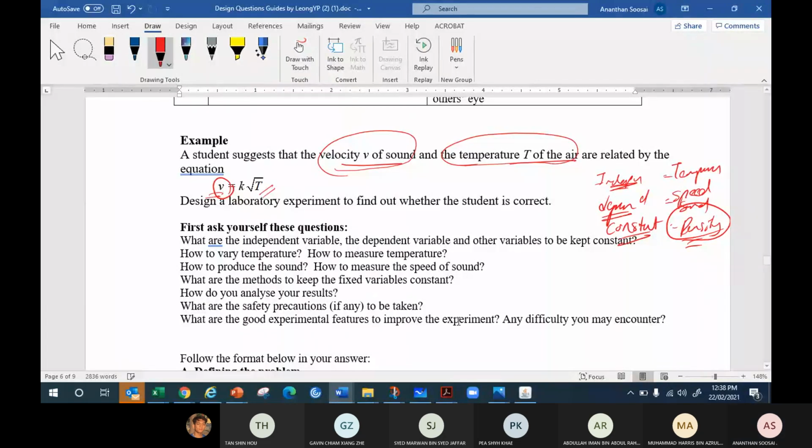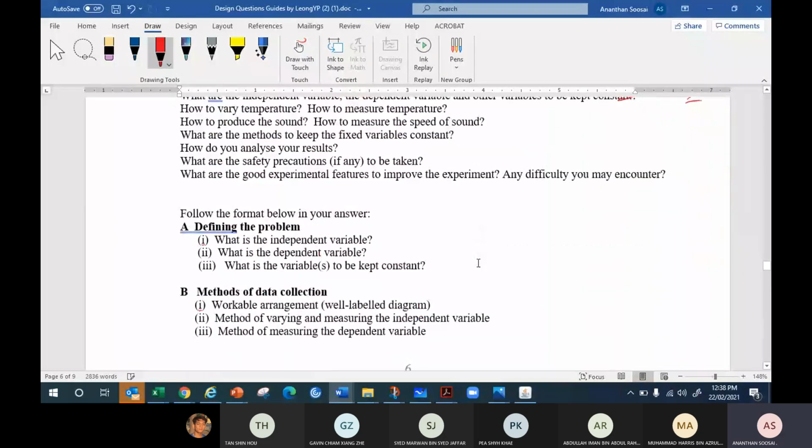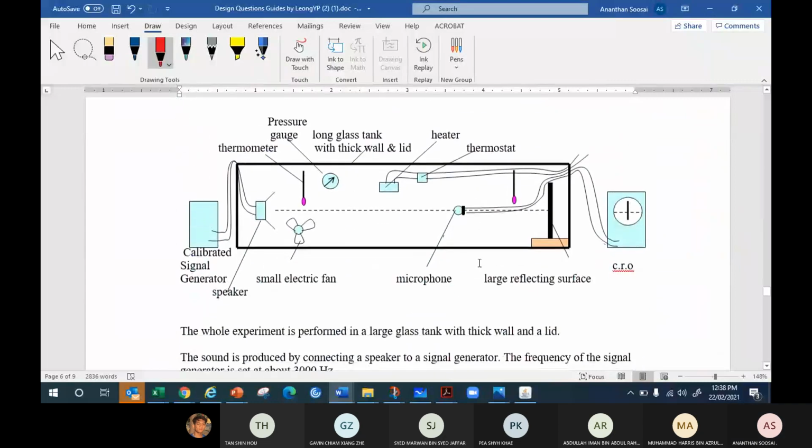Okay, so let me show you one setup for this. This is one example. A closed container, a signal generator connected to a speaker. There is a reflector here to form a stationary wave inside.